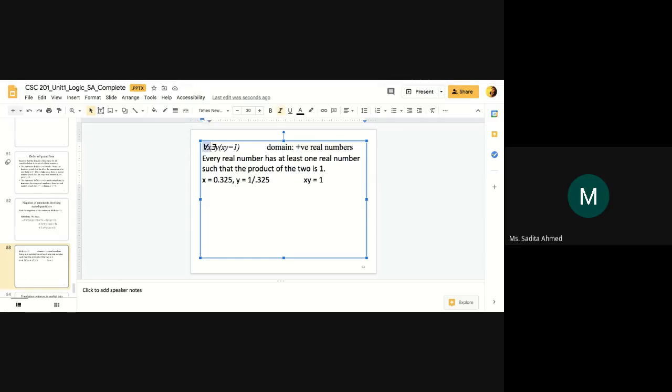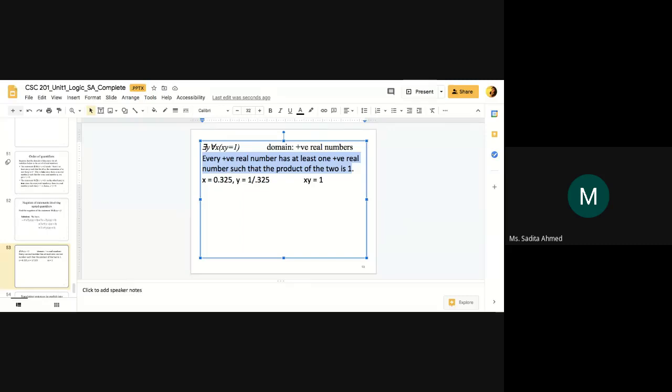Now, what happens when we switch the position of the quantifiers? If you switch the position of the quantifiers, then the meaning of this entire statement is not the same anymore, because now it means a completely different thing.